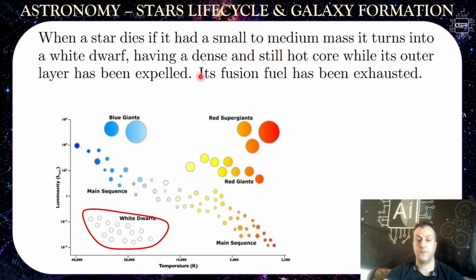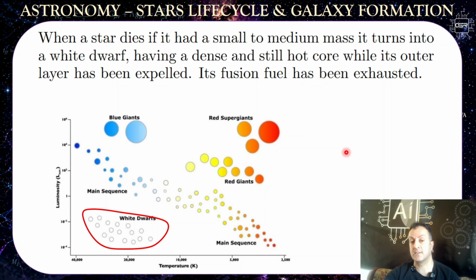So a white dwarf has a dense and still hot core while its outer layer has been expelled or shed. Its fusion fuel has been exhausted. It's no longer fusing the way it used to. The fusion of the heavier elements no longer produces the gamma rays, the photonic emission, the way lower weight elements such as hydrogen do in the early stages of the star's development.